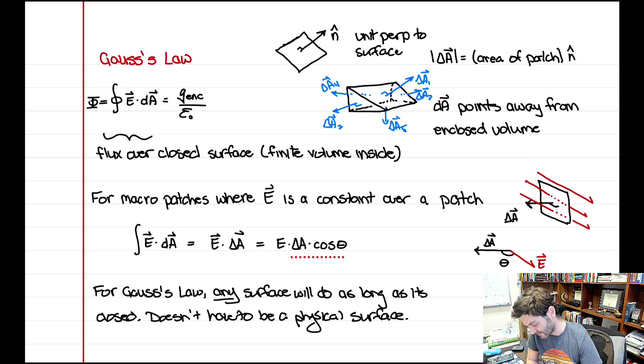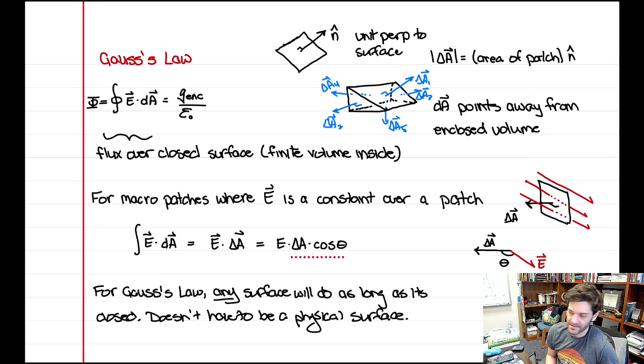That's in the definition of the dot product. So when you have a patch like this, I can define a normal vector that points perpendicular from that surface. And then there's some uniform electric field that's also piercing that rectangle at some angle.